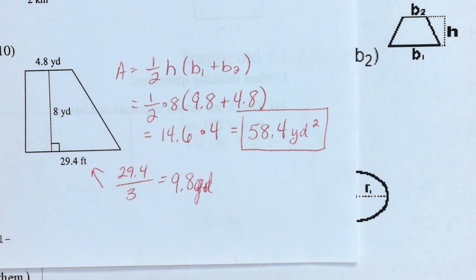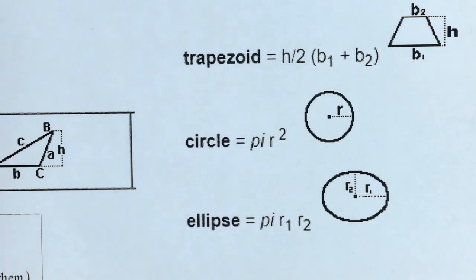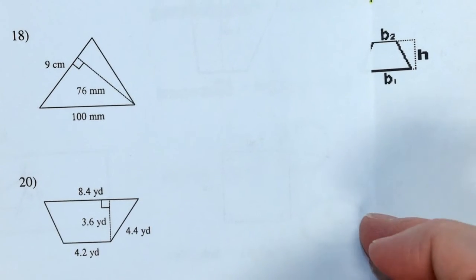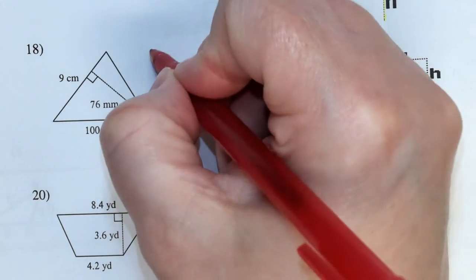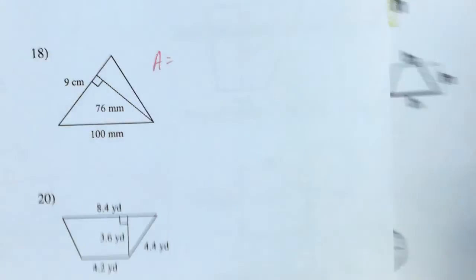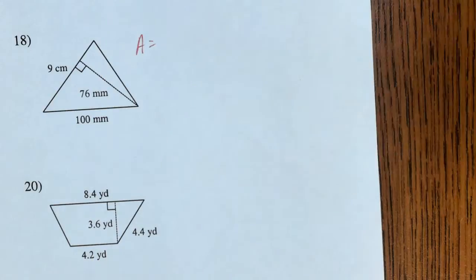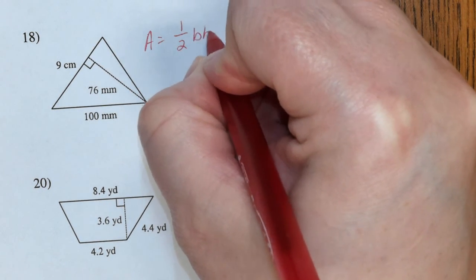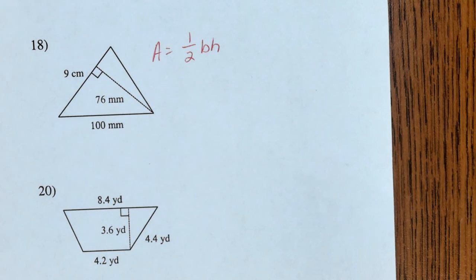So, you want to pick another one? 18. All right, what shape is 18? Triangle. So using our formula page right here, I know that it's half base times height. What did I tell you about how to identify the base and the height?